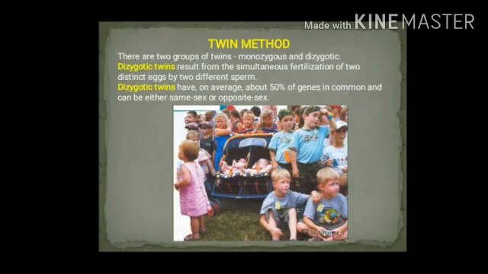There are two groups of twins, monozygous and dizygotic. Dizygotic twins result from the simultaneous fertilization of two distinct eggs by two different sperm. Dizygotic twins have about 50% of genes in common and can be either same sex or opposite sex.